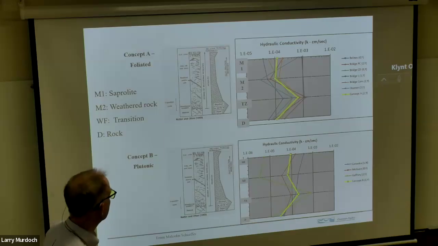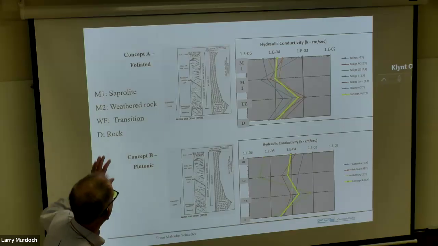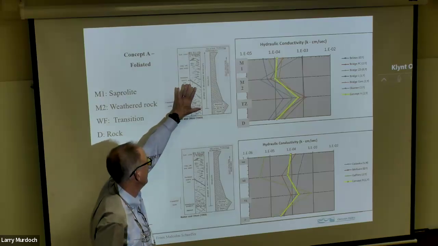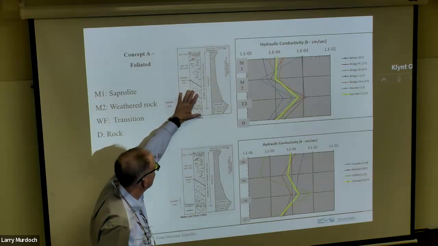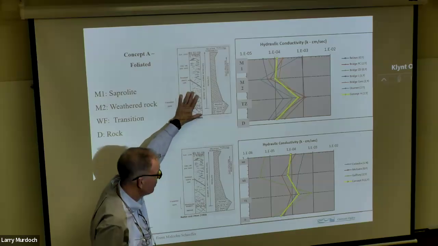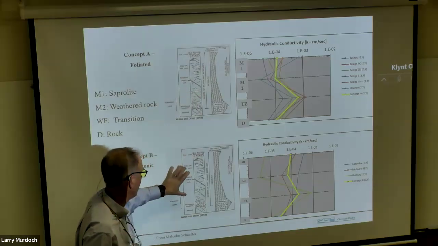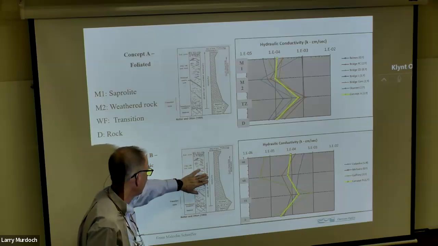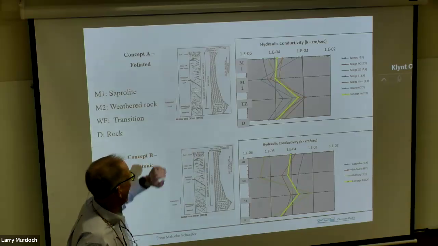This is a more recent study. And this looked at two situations, one where the area is underlain by layered material like gneisses and schists, and this is where it's underlain by more massive material like granites.